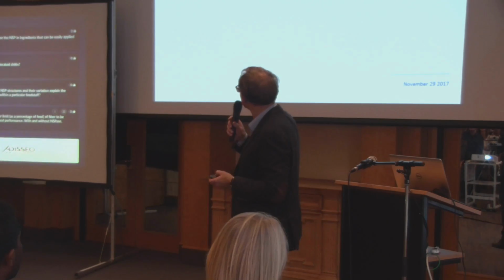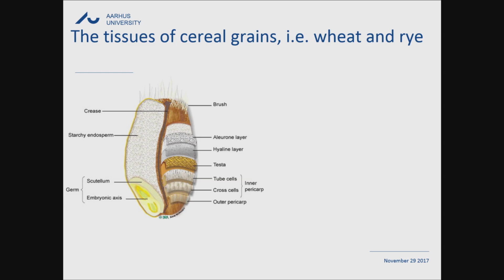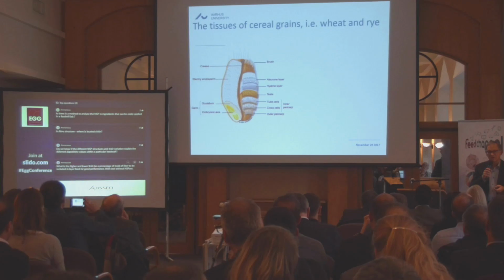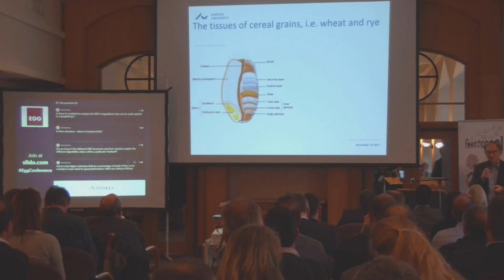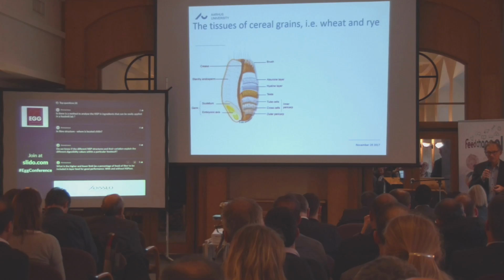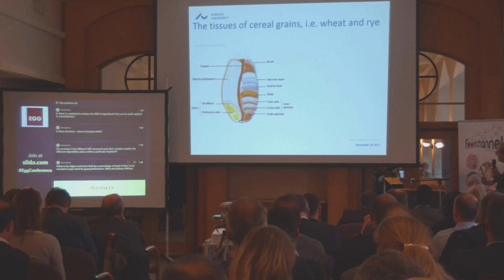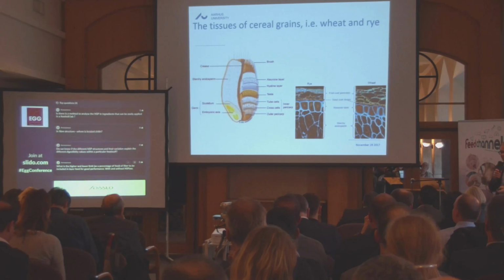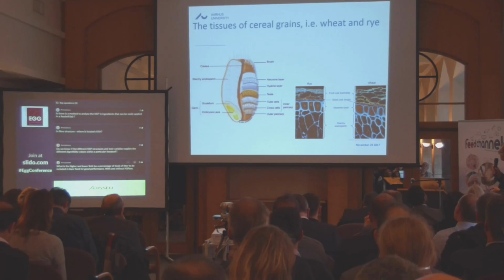But another aspect which is also important is that although we have different polysaccharides in the different cell tissues, they are not evenly distributed around the different tissues. As an example, I can take the wheat grain, and actually also rye if you like.